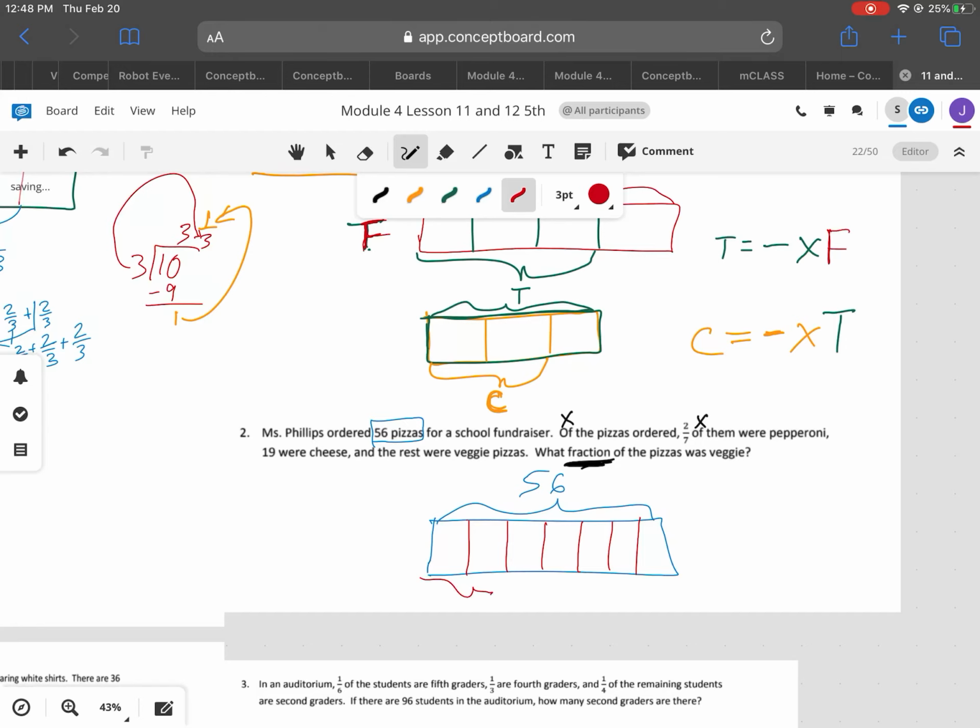So there I have 7ths, and our pepperoni is 2/7. This will give me the pepperoni.